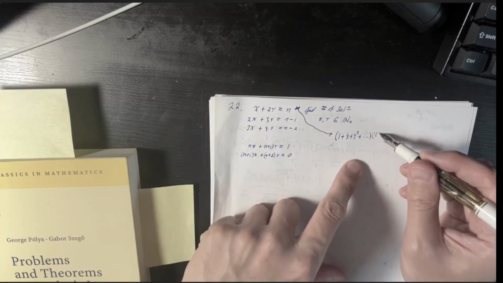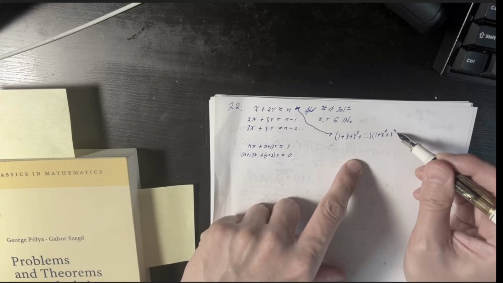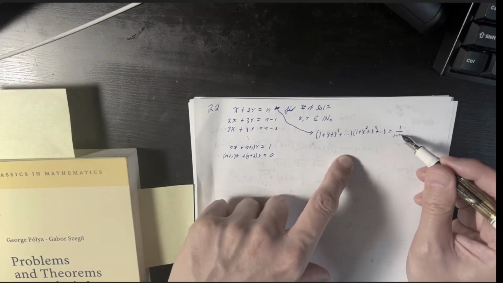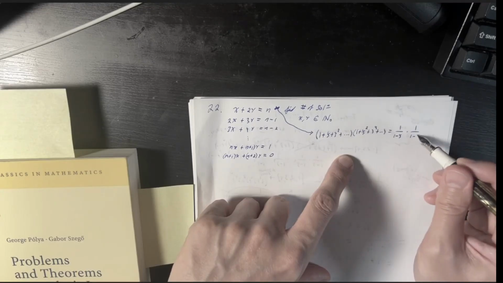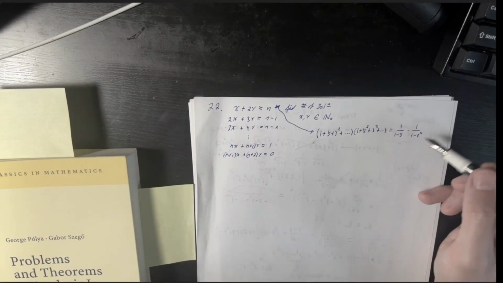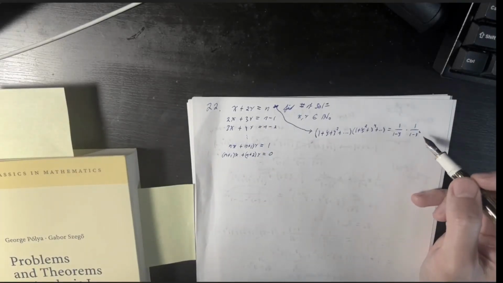For the 2s, you get none of them, or 1 of them, or 2 of them, etc. So you end up with a product like 1 over 1 minus zeta times 1 over 1 minus zeta squared. And we're looking for the coefficient in front of the nth term of that expansion.